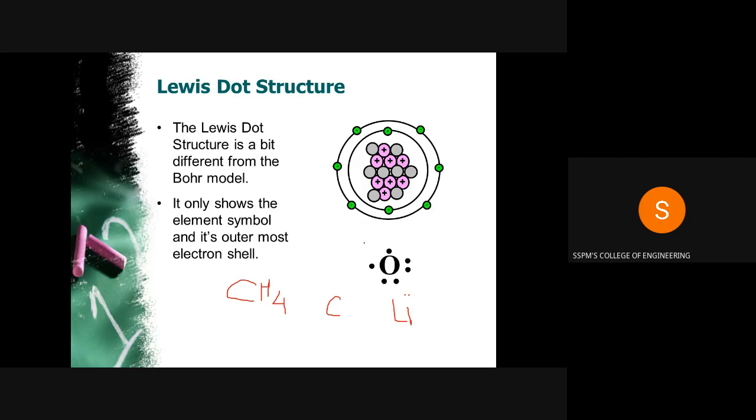In the case of oxygen, there are 6 electrons in its outermost shell, so the Lewis dot structure is 6 dots, and each dot represents an electron.